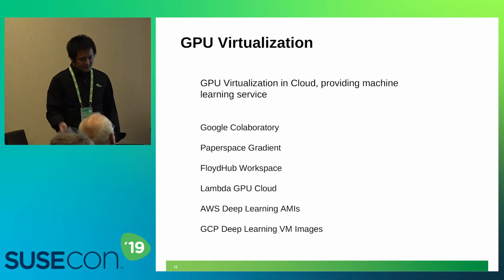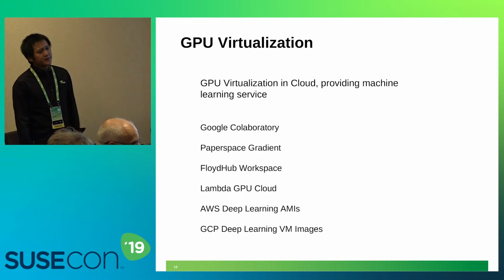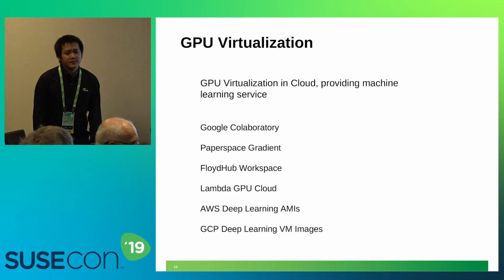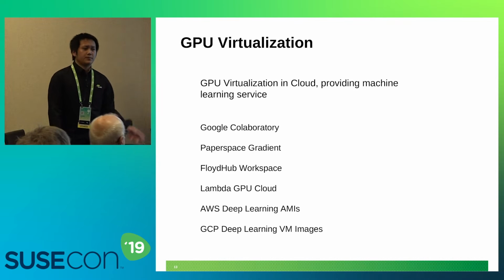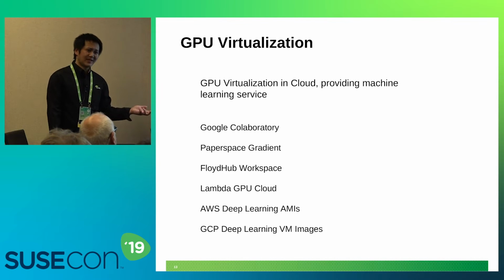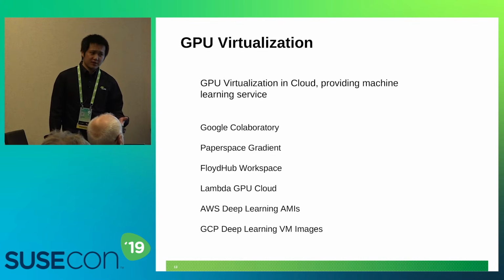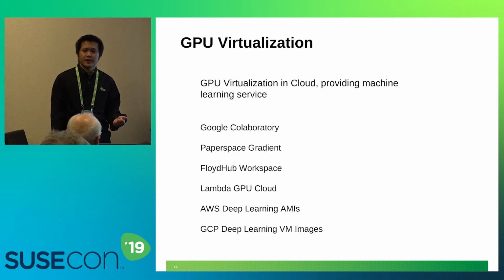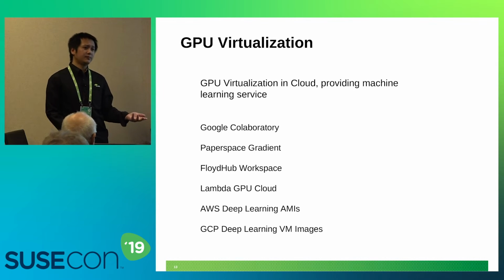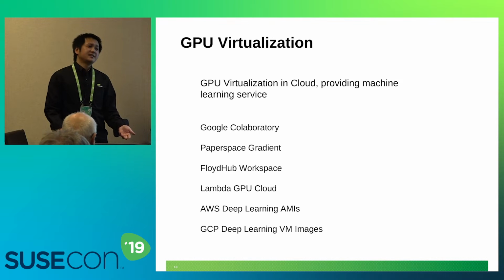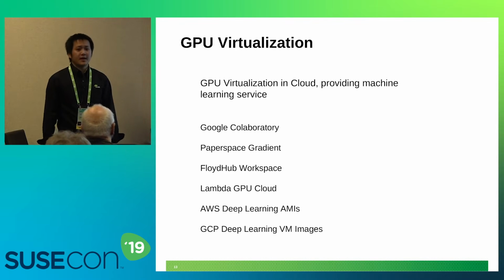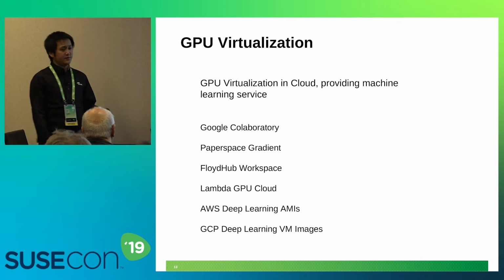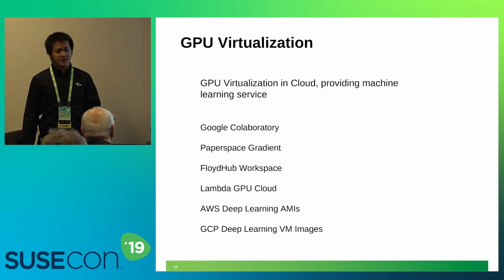But this could give you an idea of what kind of people really need this. It's typically not for the individual developer, the GPU virtualization. It's more like you have a team, a company with a lot of people, but your budget is limited, and you can't provide so many machines and GPU cards to them.